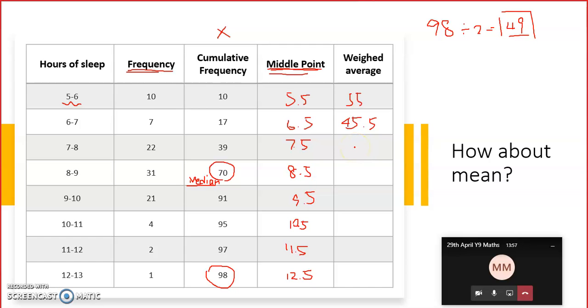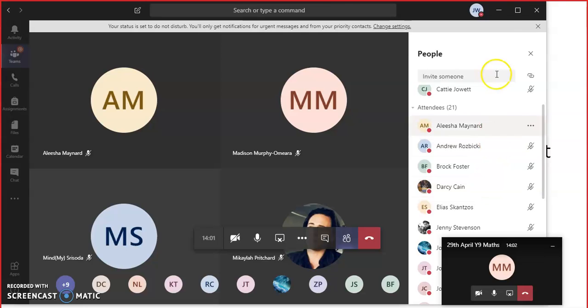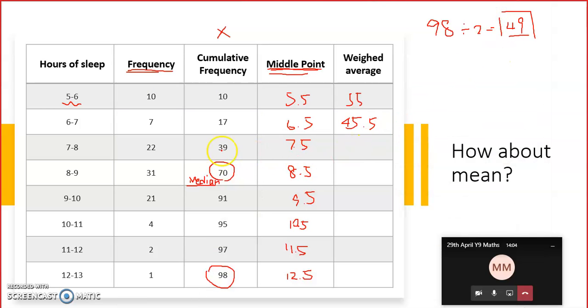So let's see who's here. Andrew. Can you tell me how do you find this number here? Yep, that's all good. Can you tell me how do you find this number in this one?